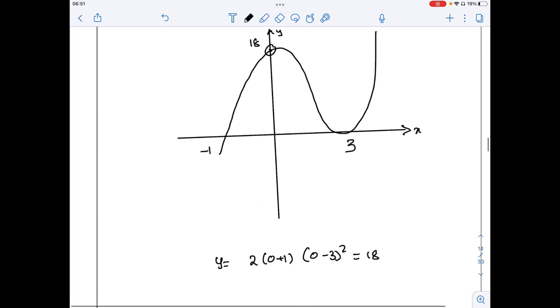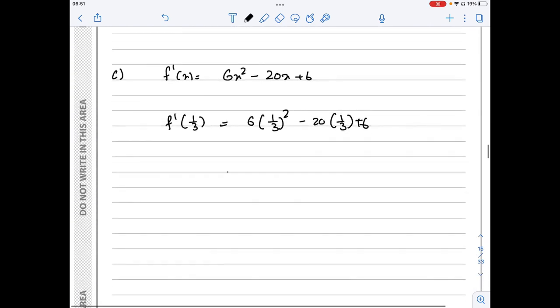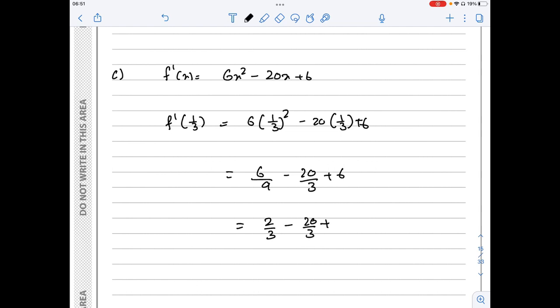That value is going to be 6 upon 9 minus 20 upon 3 plus 6. 6 upon 9 is 2 upon 3, minus 20 upon 3 plus 6, which is minus 18 upon 3 plus 6, which is going to be 0.